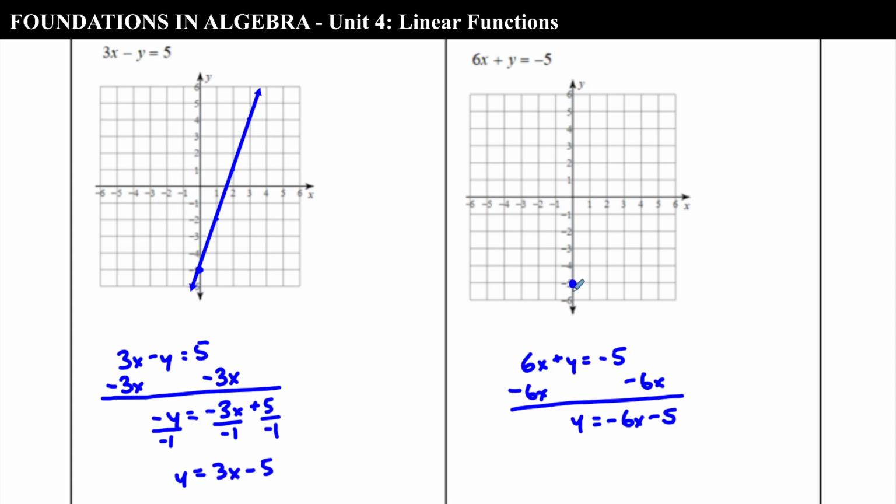And then our slope is negative 6. Well, we can't go down, so we'll have to go up. 1, 2, 3, 4, 5, 6, and then back 1. And then we're going to go up 6, 1, 2, 3, 4, 5, and we can't really do that again, so we'll go ahead and draw our line through what we have.